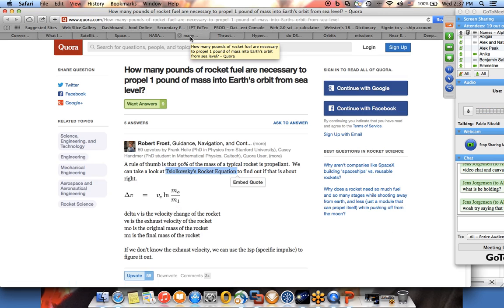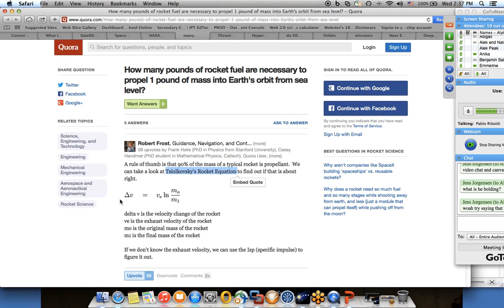And so he developed this equation that basically governs how much fuel you would need in order to send something out into space, depending on the velocity that you want to achieve.